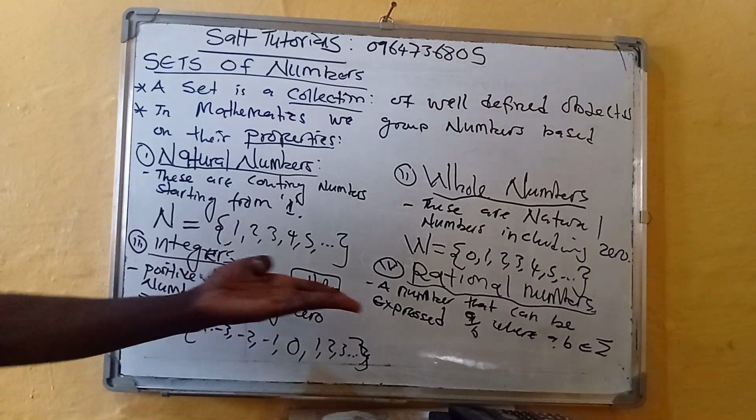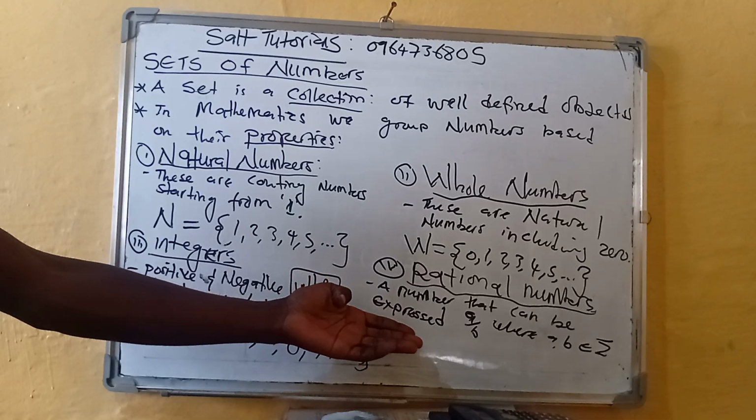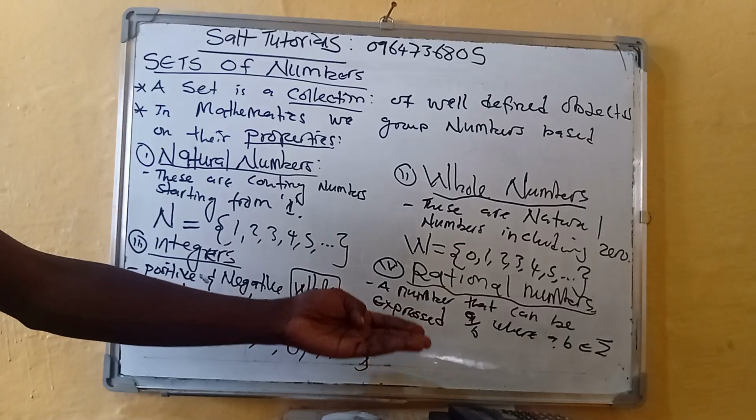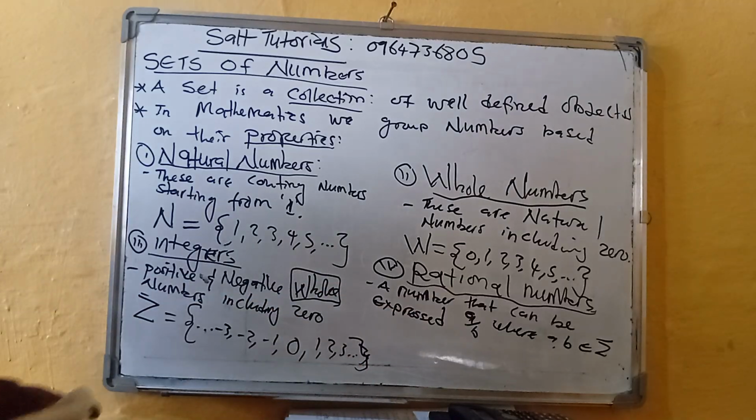And then there is another opposite of this, which we are calling irrational. Irrational numbers are basically those numbers.